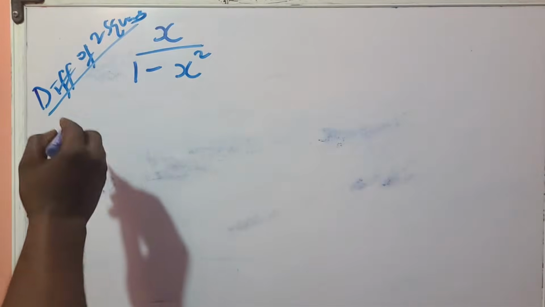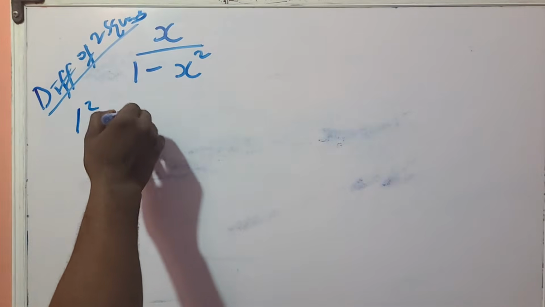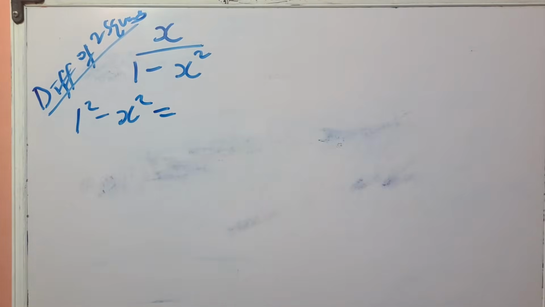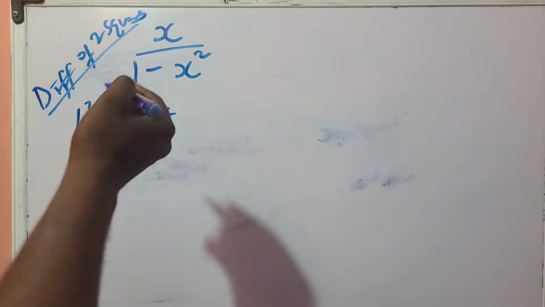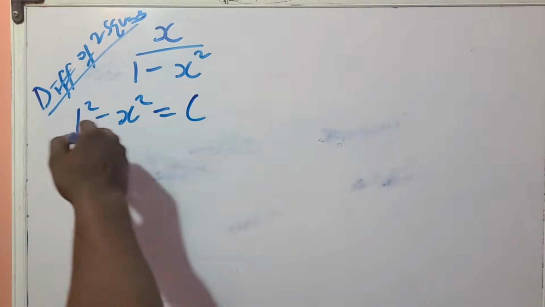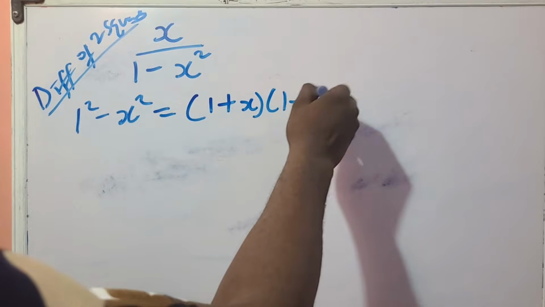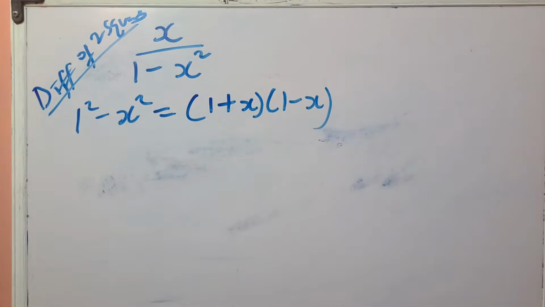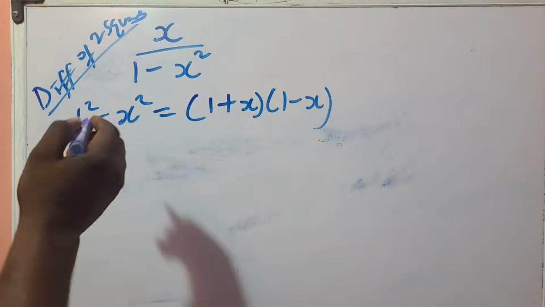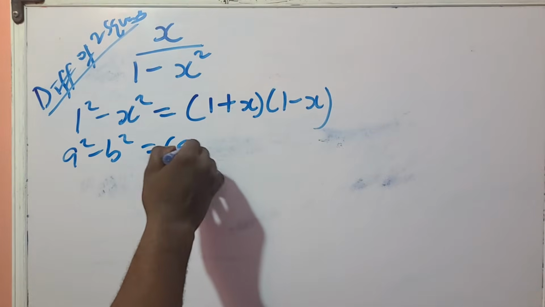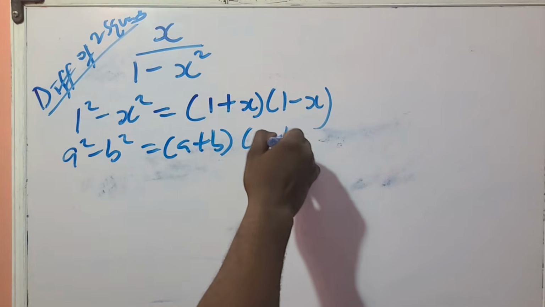It's something where you have 1 square minus x squared. And when you have 1 square minus x squared, under algebra, we always have the expression rewritten as 1 plus x and 1 minus x. That's the basics of algebra. When you have a difference of two squares, for instance, let's say you had a square minus b square, this will be given as a plus b, a minus b.